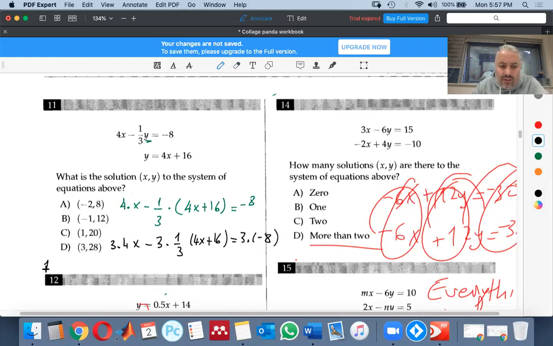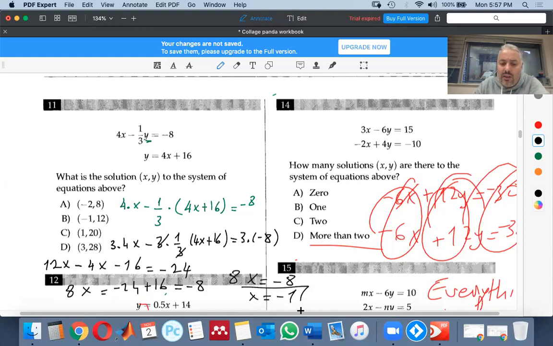So 12x, these simplify, and minus 4x minus 16 is negative 24. So 8x, 24 plus 16. What will it be? Negative 8, right? So 8x is negative 8.